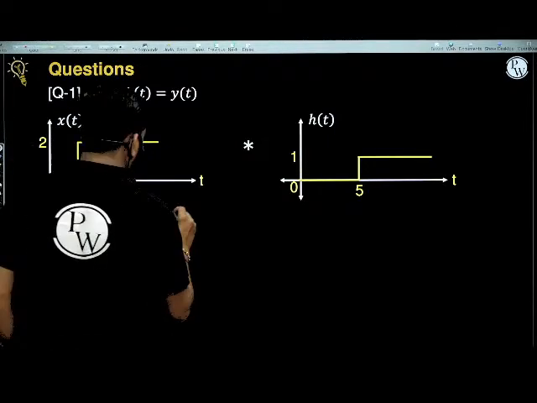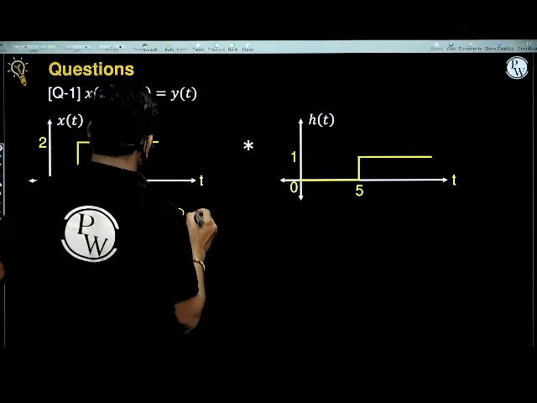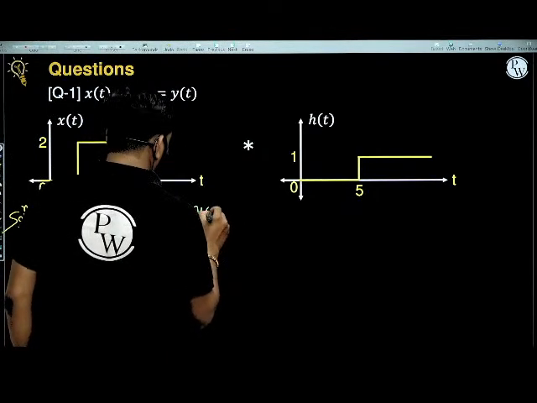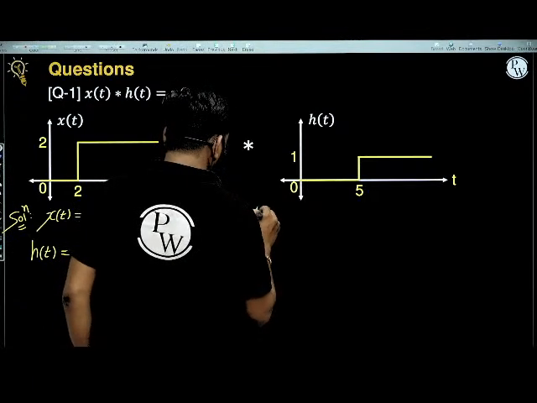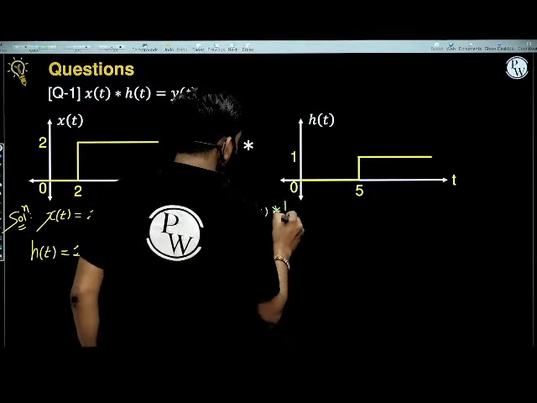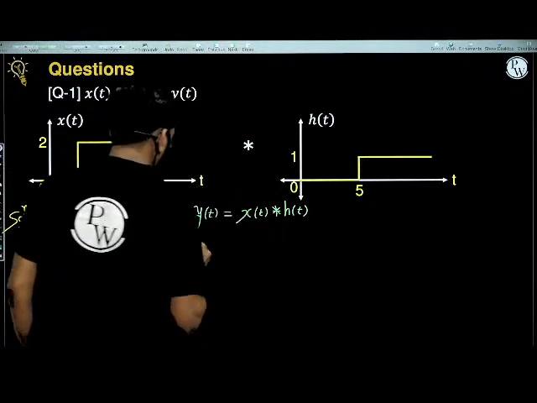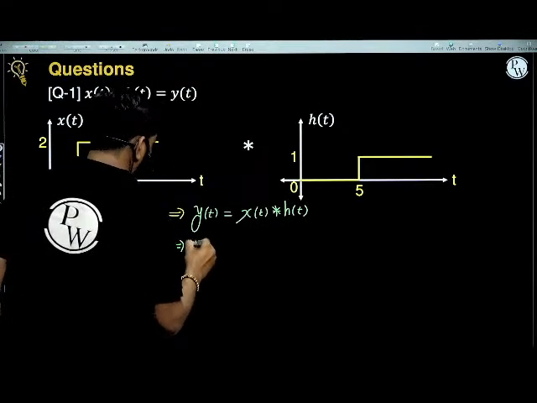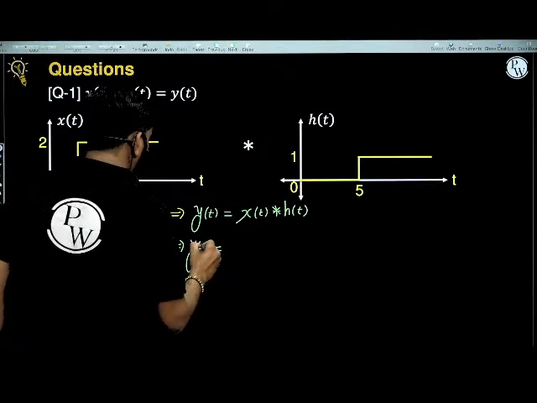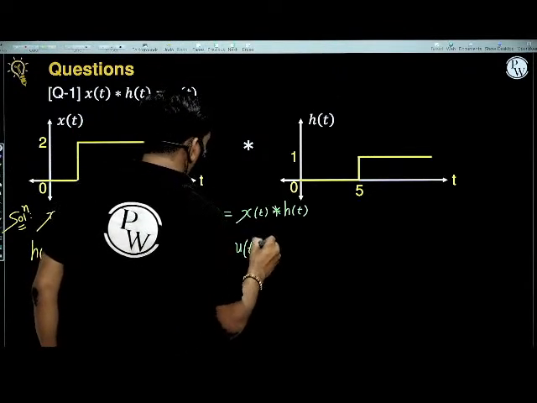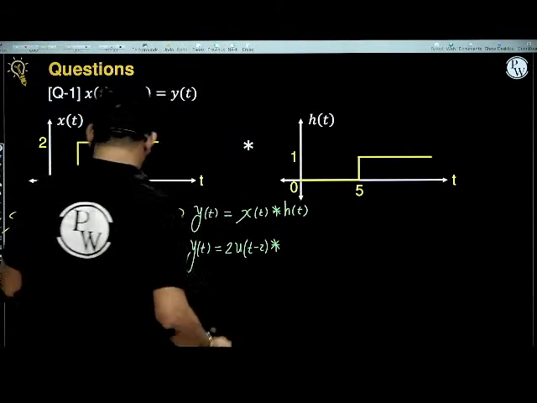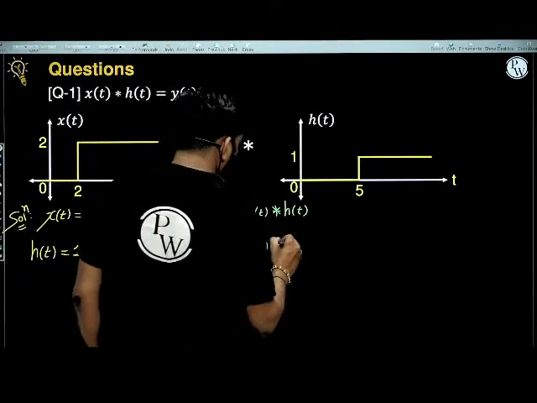Now y of t is x of t convolution h of t. So y of t is equal to 2u of t minus 2 convolution with u of t minus 5.